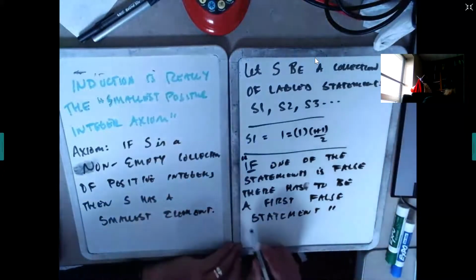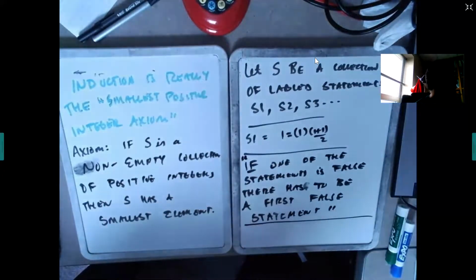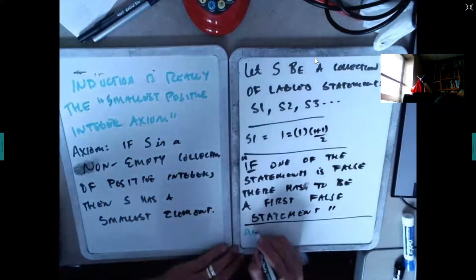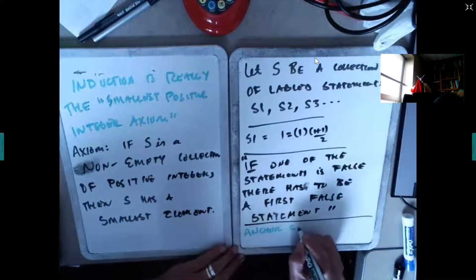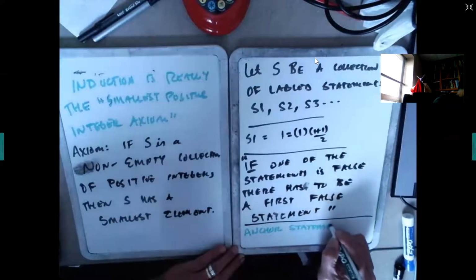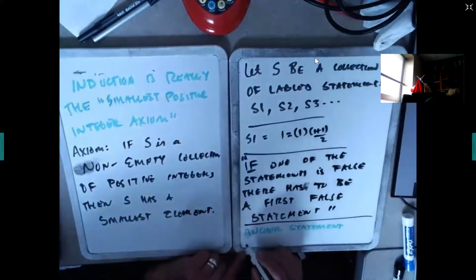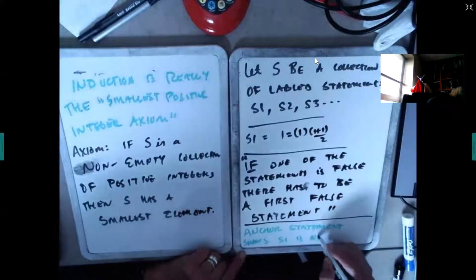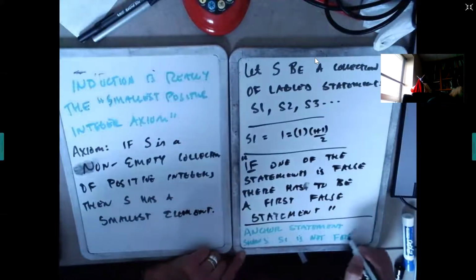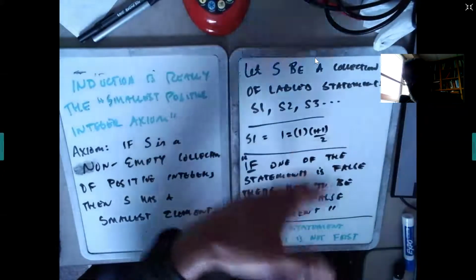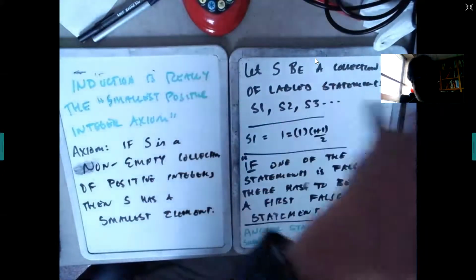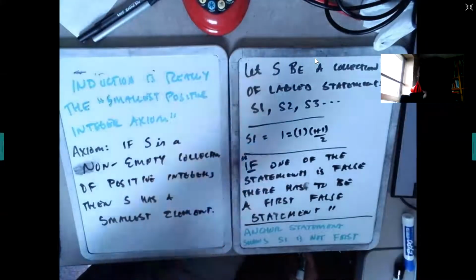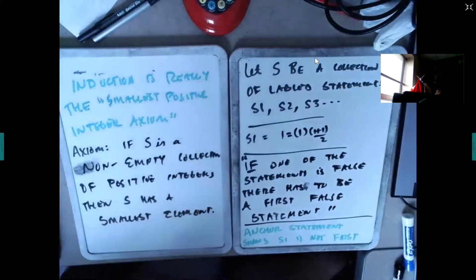Okay. So what's going on is that the anchor statement, in other words this one right here, shows S1 is not the first false one. So if the collection of false statements is non-empty, then it can't be the anchor one. That's what the anchor does.